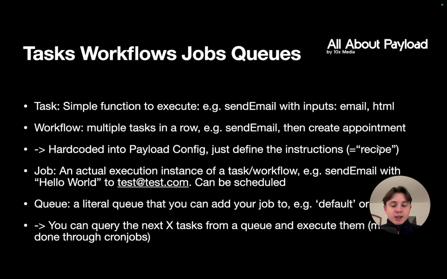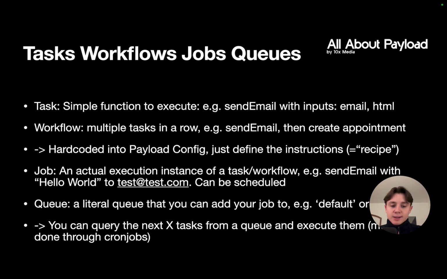Last but not least, a queue is a literal queue that you can add your job to. So for example, our job send hello world to test@test.com. We can put that in a queue. We can either put it in the default queue, or Payload also supports multiple queues. So for example, the default queue and the email queue. And those can be queried separately.